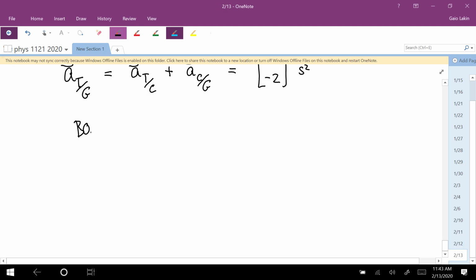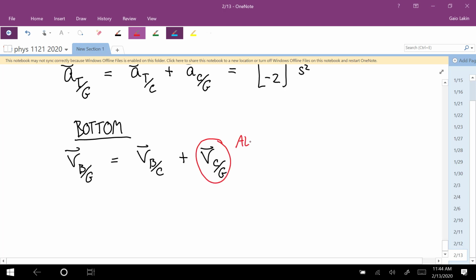So now the bottom. For the velocity, we're going to use velocity of the bottom relative to the ground is equal to the velocity of the bottom relative to the center plus the velocity of the center relative to the ground.